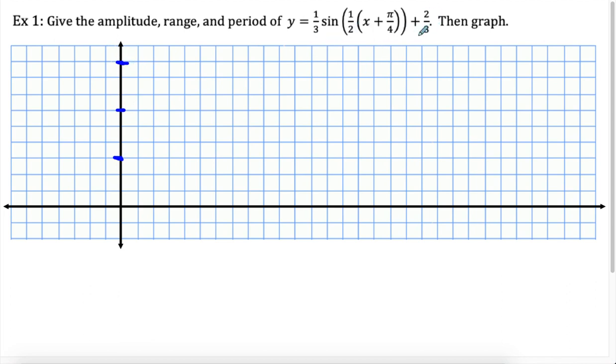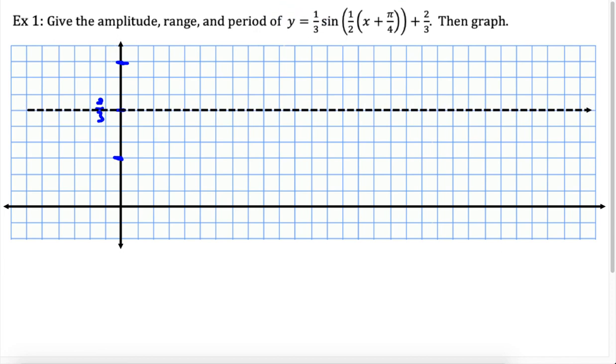To do that, we need to think about what our D and A values are. So here is 2/3. That is my midline. So I'm going to sketch in a dashed line there.